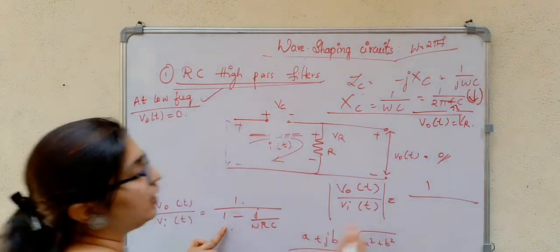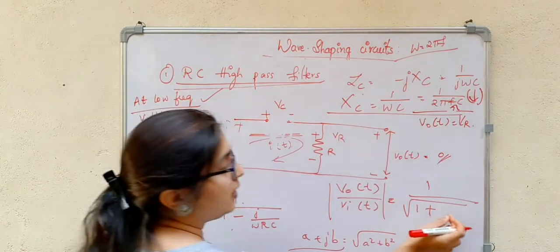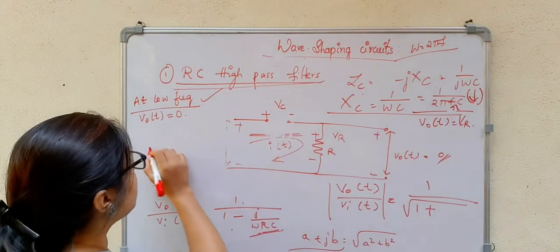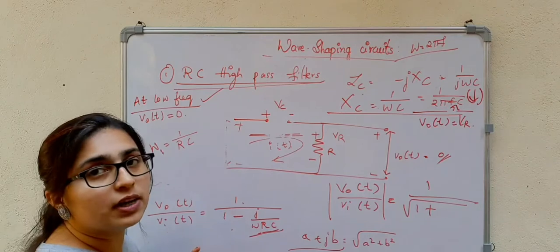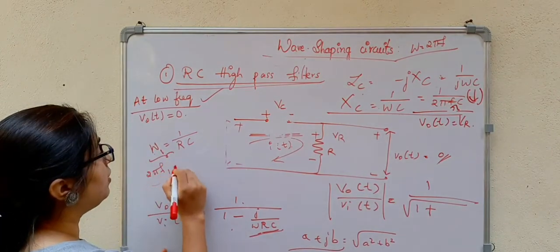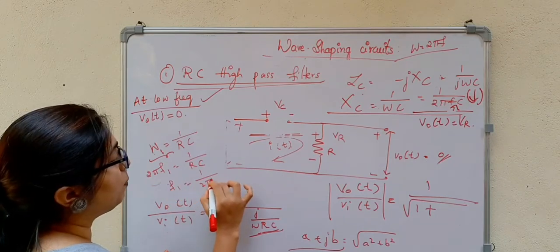Similarly, we can write square root of 1 plus. Now, to write this, I can simplify this part. I can consider omega 1 is equal to 1 by RC. Omega 1 is nothing but 2 pi F1, that is equal to 1 by RC. So F1 is equal to 1 by 2 pi RC.